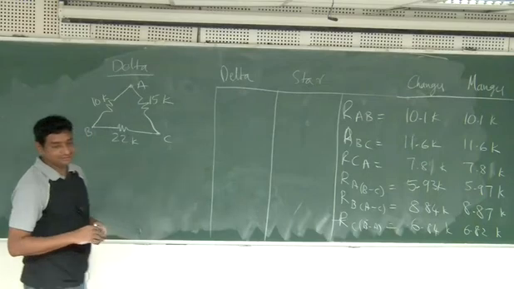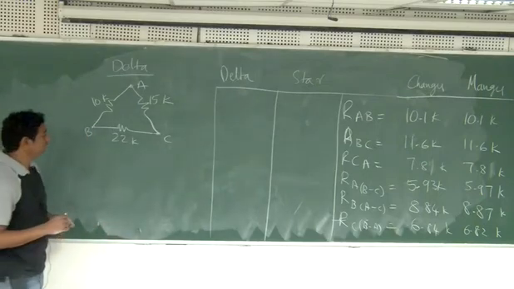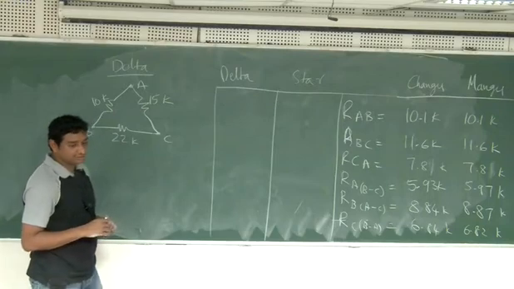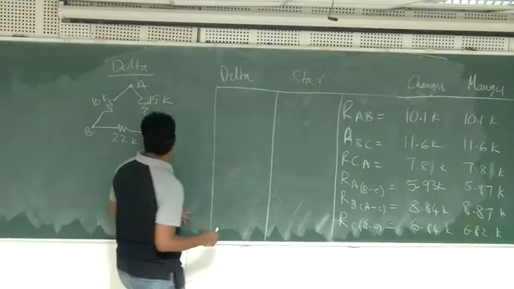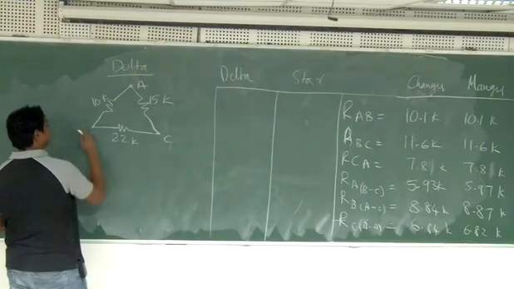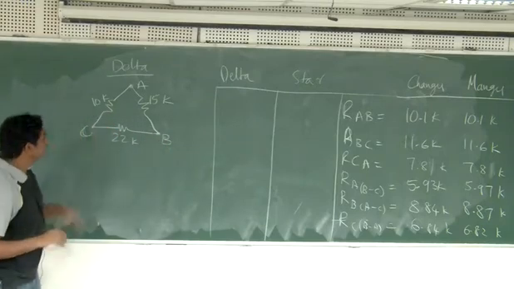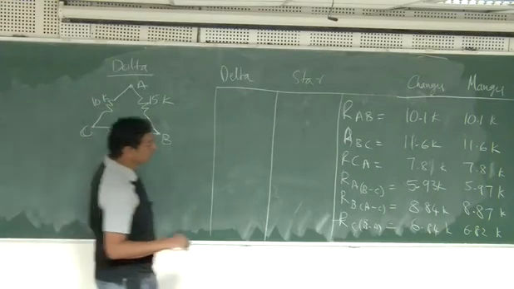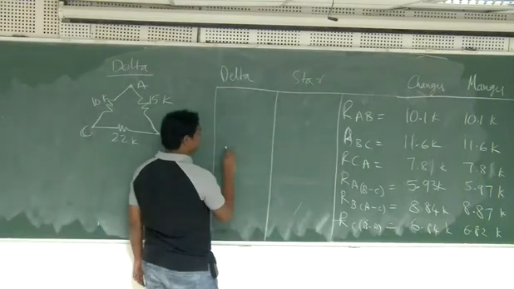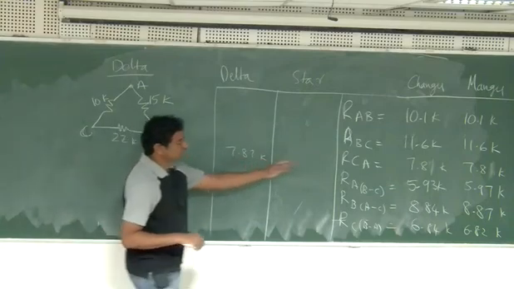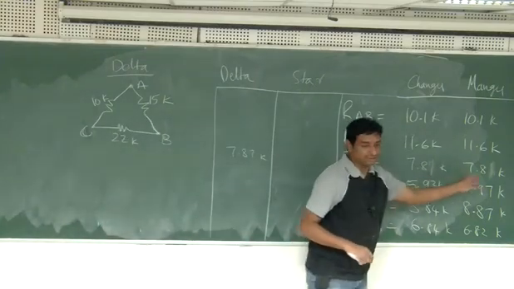How much is that? 7.87. That means this is C and this is B. So RAC is 7.87, which is almost the same as 7.8.